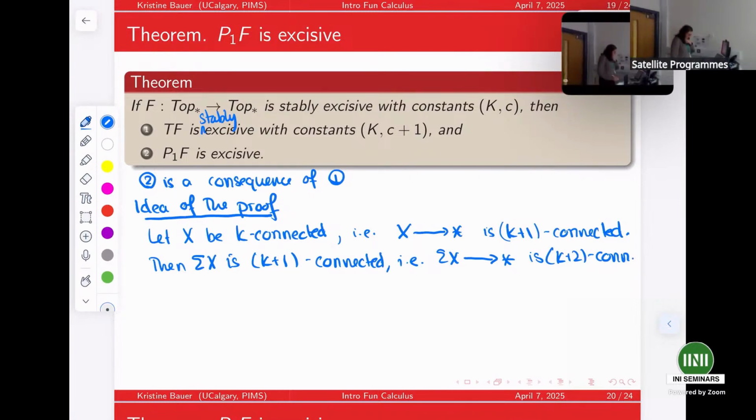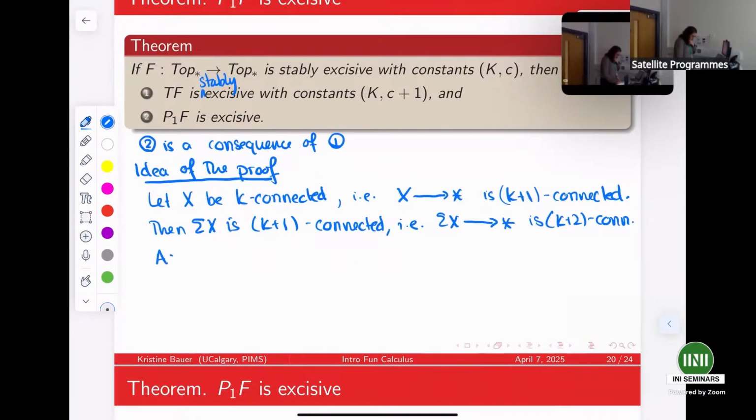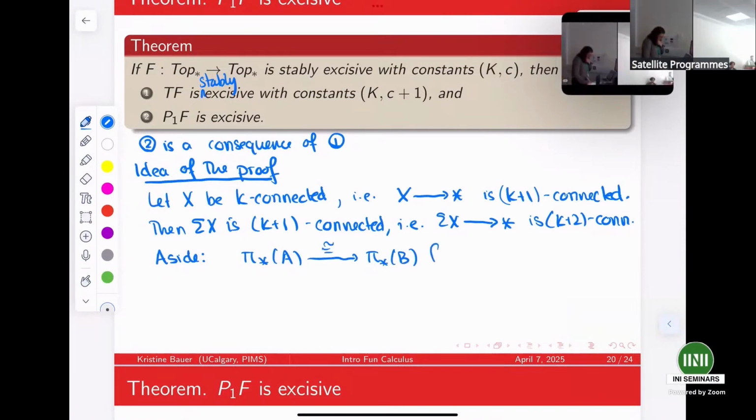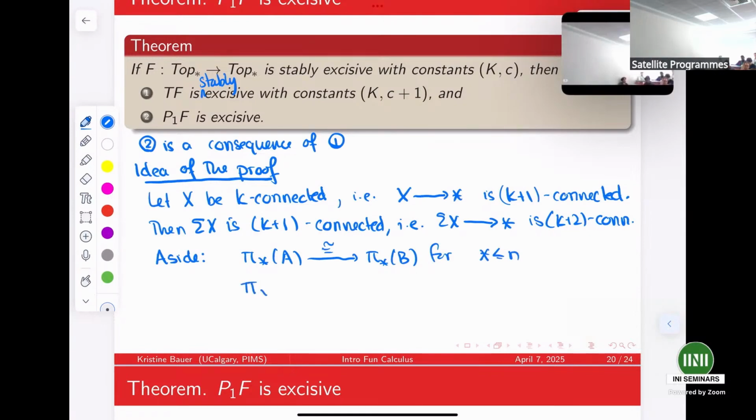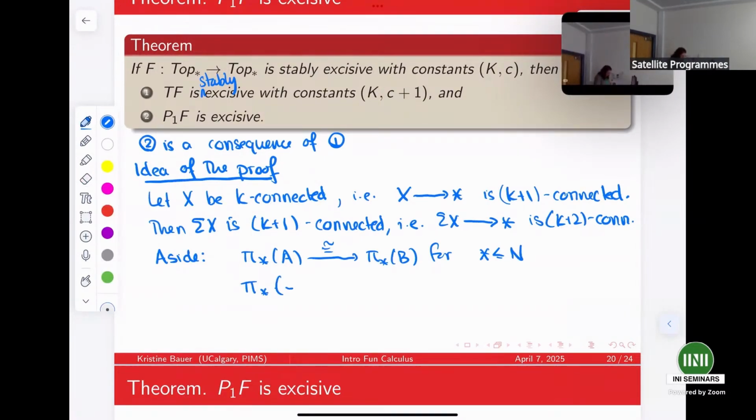And then as a quick aside, if I have a map from A to B which is an isomorphism when star is less than or equal to n, then I just want to check and see what happens when it turns out I'm looking at loops instead.